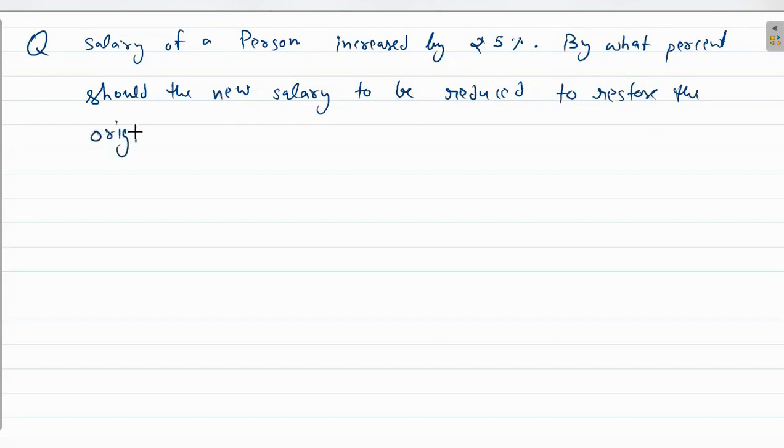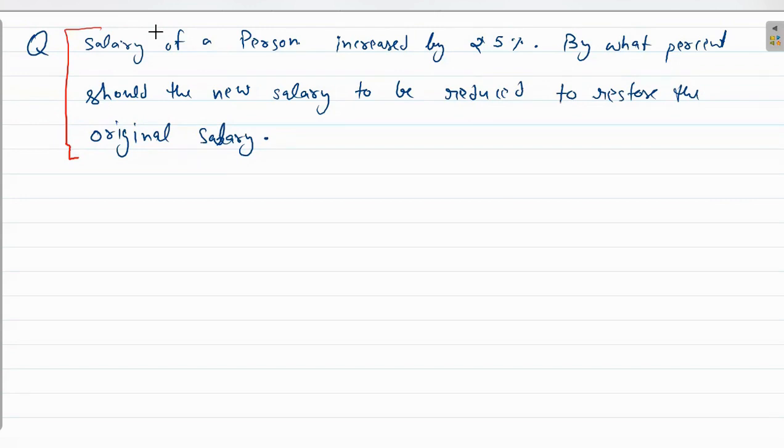Did you get the meaning of the statement? No. What part is confusing you? By what percent should the new salary be reduced?